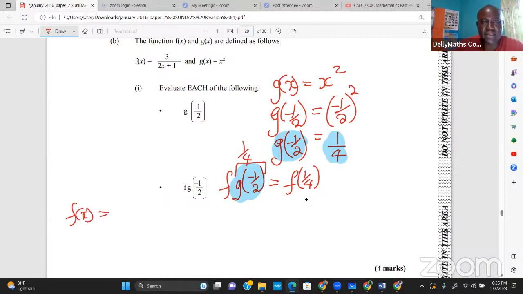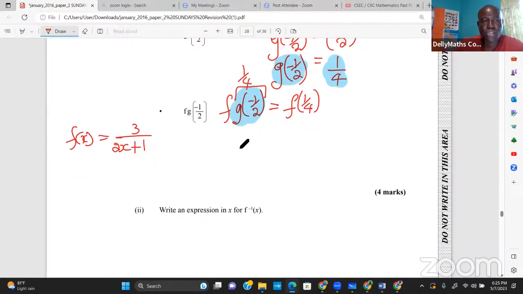So here it is, I'm going to put it at the side. f of x is 3 over 2x plus 1. Let me put this underneath. f of a quarter is going to be 3 over 2 times a quarter plus 1.